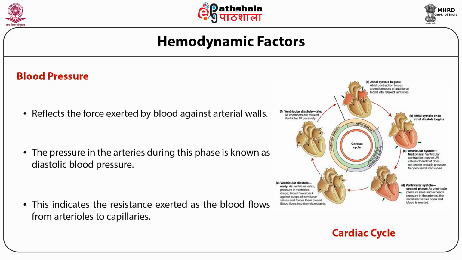This indicates the resistance exerted as the blood flows from arterioles to the capillaries. One can easily feel the pressure as a pulse at the superficial radial artery on the thumb side of the wrist, the temporal artery on the temple side of the head, and the carotid artery along the side of the trachea.